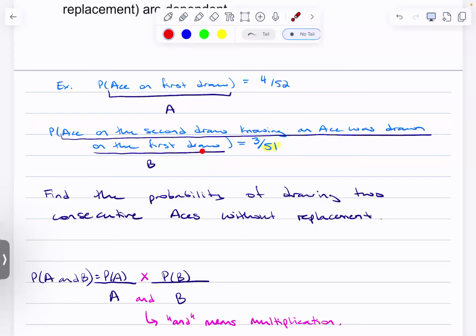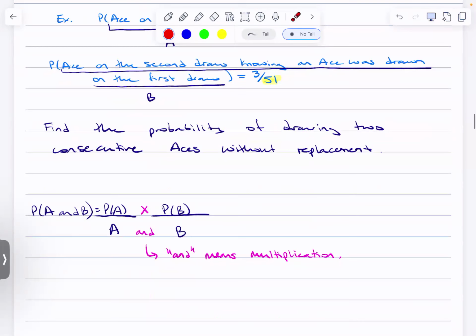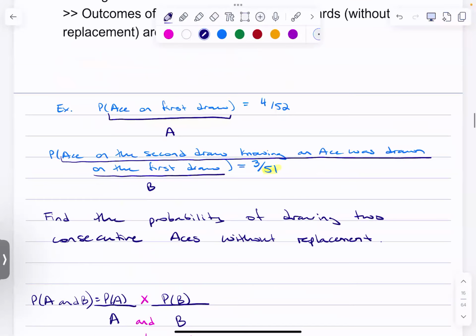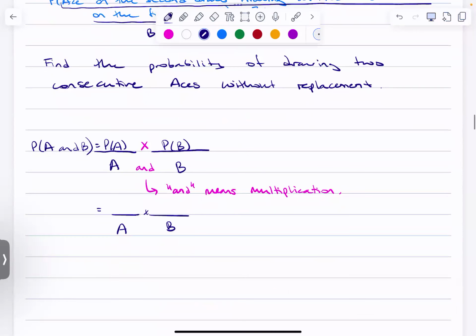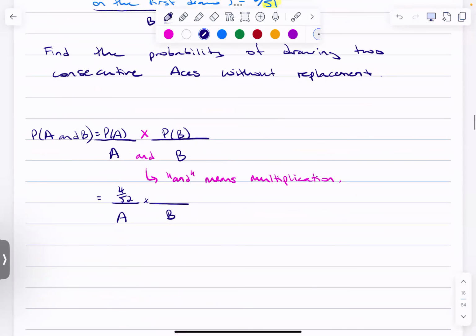So the probability of an ace on the second draw, well, that depends, right? So it's dependent on whether an ace was drawn on the first draw or not. And so to solve this, what we're going to do is you have your probabilities, and usually I just have it like this, A times B, 4/52. And if you want to use decimals, you can, times 3/51.